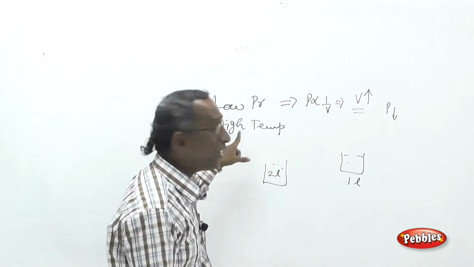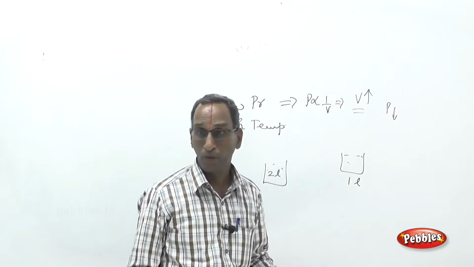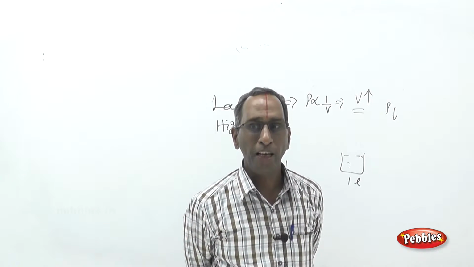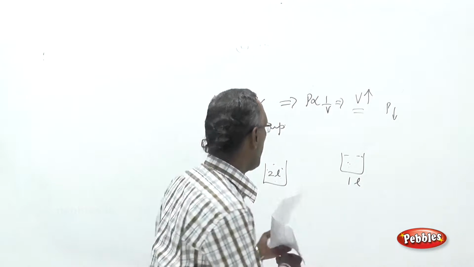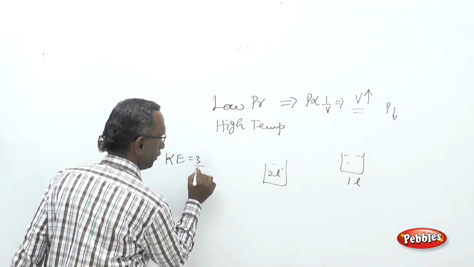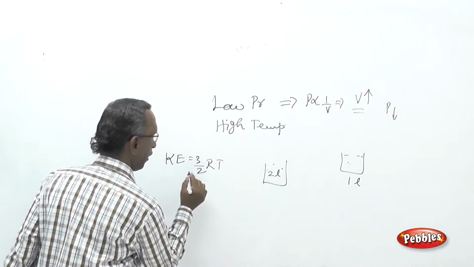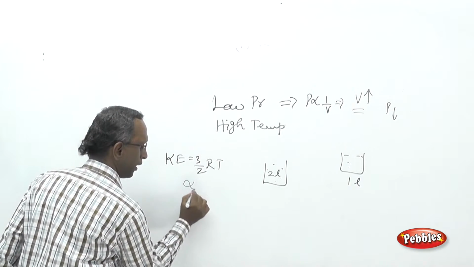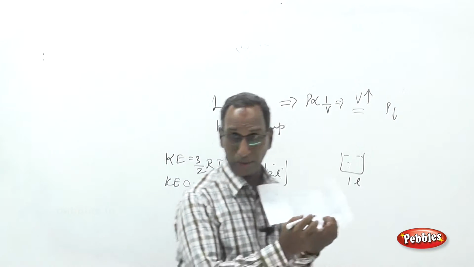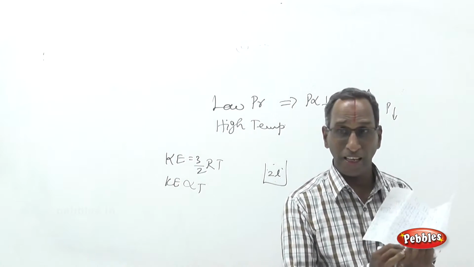Similarly is the effect of high temperature. When a gas is heated, its temperature is increased. Already we have seen about kinetic energy: kinetic energy equals 3/2 RT for 1 mole of gas. In other words, kinetic energy is proportional to temperature. Higher temperature means higher kinetic energy.